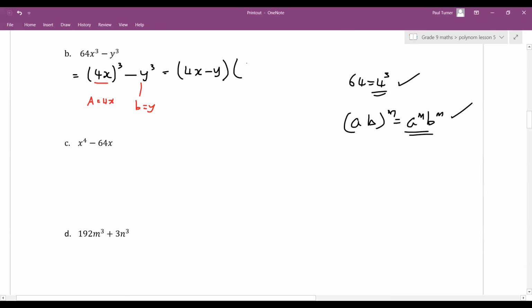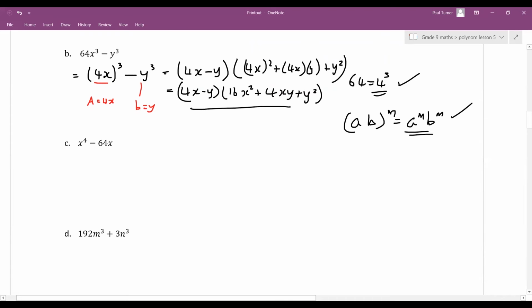But now it's A squared, so 4x squared, plus 4x times y, that's A times B, 4xy, plus y squared, like that. So your final line should be 4x minus y, 16x squared plus 4xy plus y squared, like that.